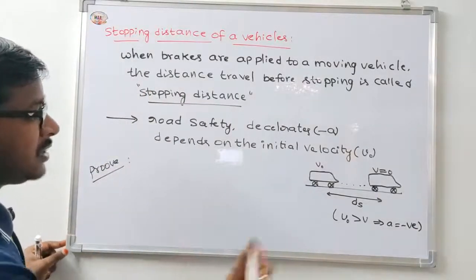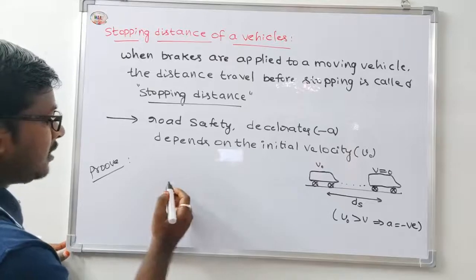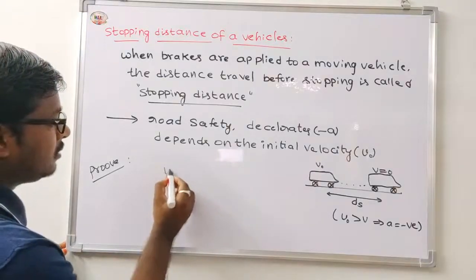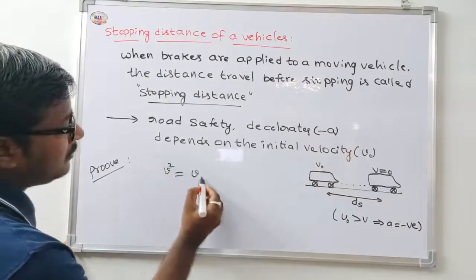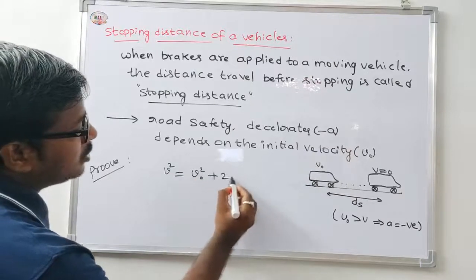Using the kinematic third equation, v square is equal to v0 square plus 2as.